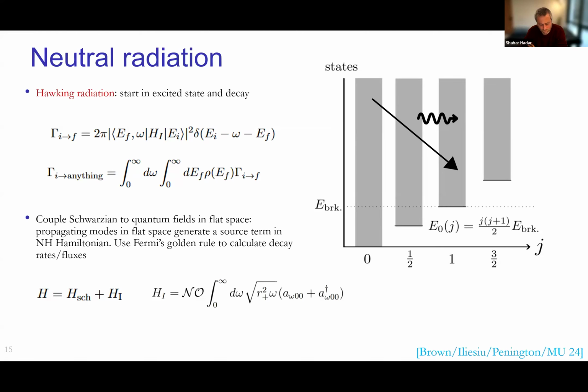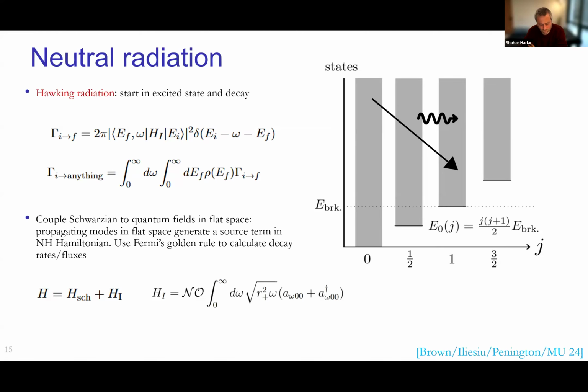Good. Okay, so let's use this interaction Hamiltonian to calculate transition rates between states. Let's start with a simpler case of a massless scalar field. Here I've used the equations on the previous slide to calculate the energy flux.